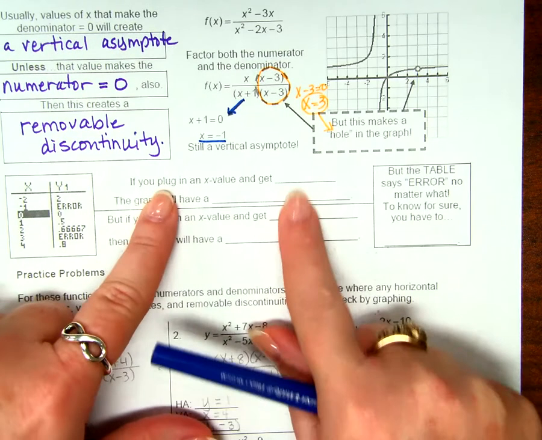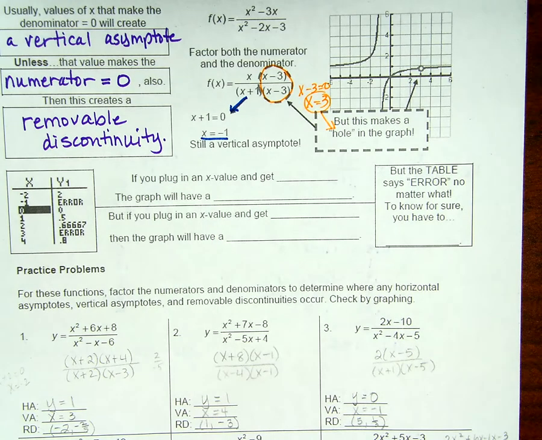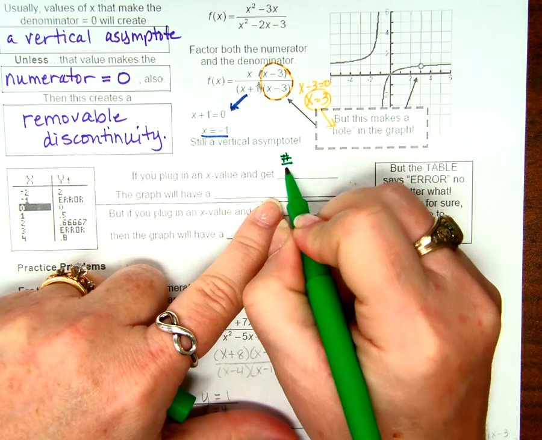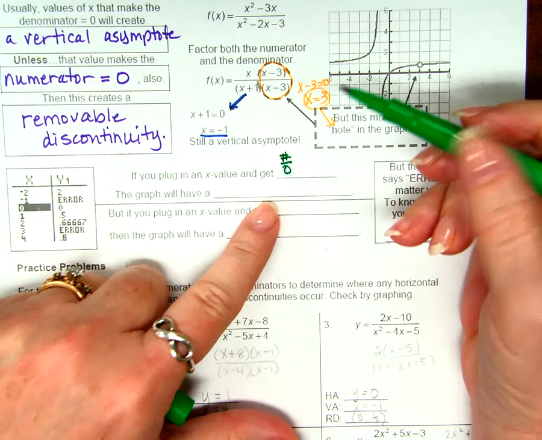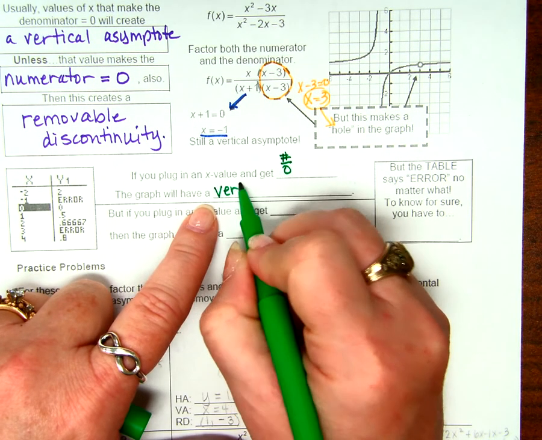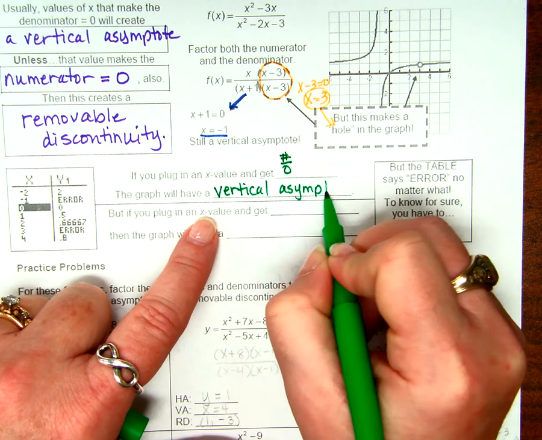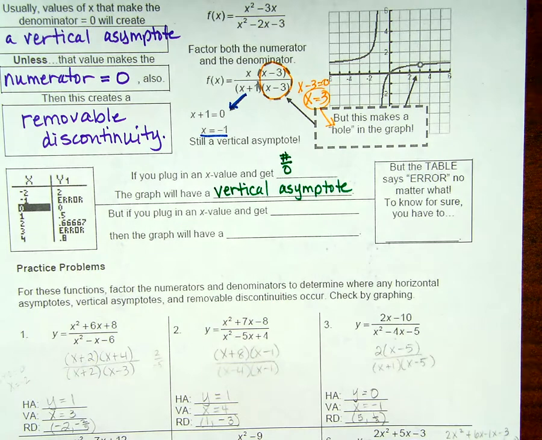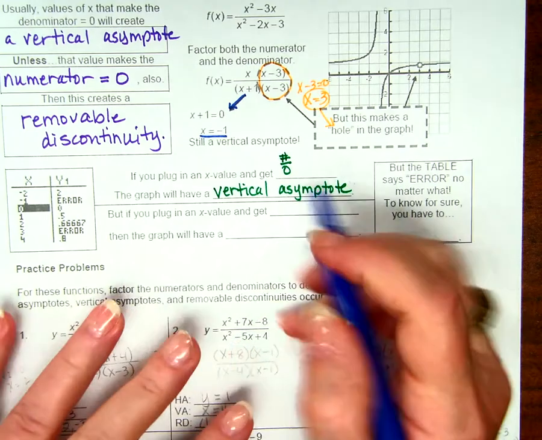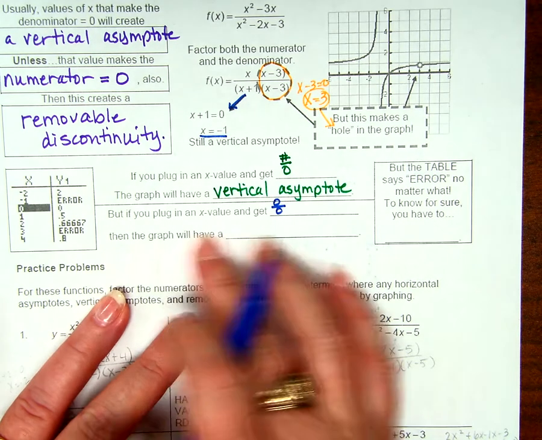So, let's fill in our definitions right here. If you plug in an x value and get a number over 0, the graph will have a vertical asymptote. But if you plug in a value and get 0 over 0, the graph will have a removable discontinuity.